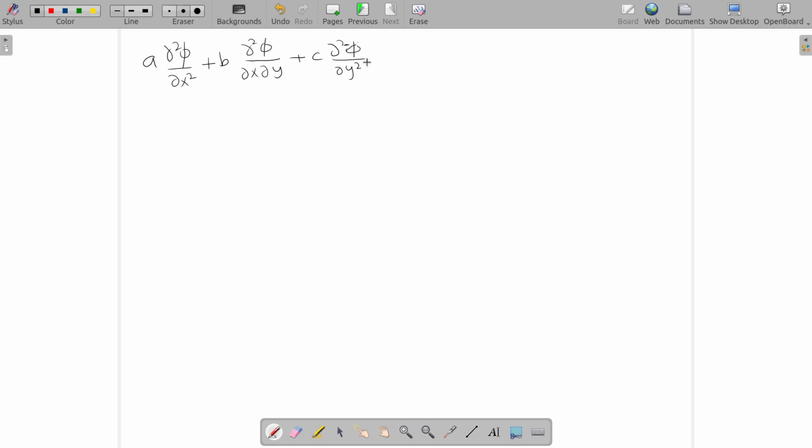And then you have lower order terms, first order terms, which will be dou phi by dou x and dou phi by dou y, a term with no derivative and one constant.